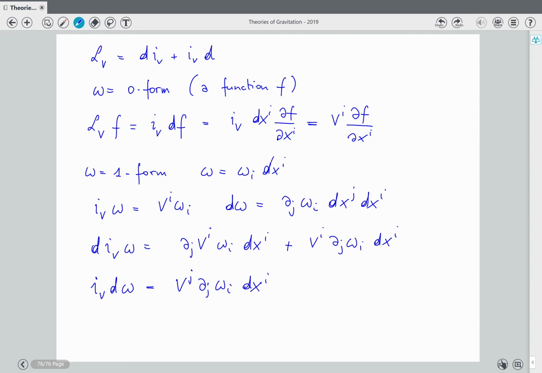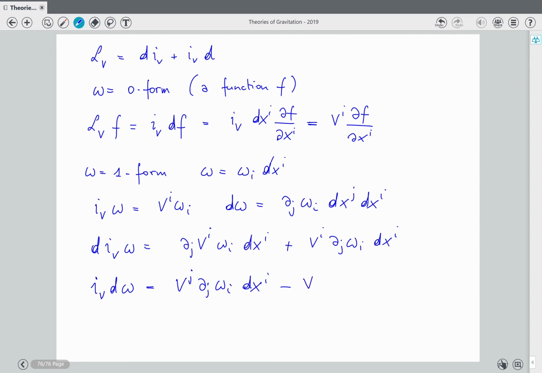But instead, I just contract with everything, knowing that when I contract with the second index, there is a minus sign, because I have to exchange the dx that's there with the dxj, dxi, dxj.